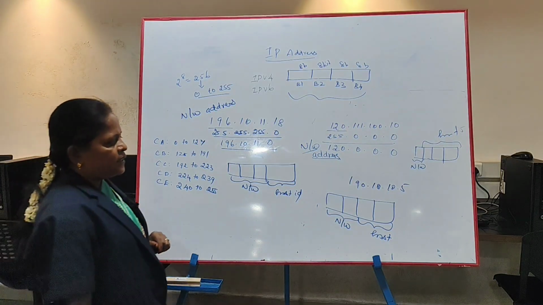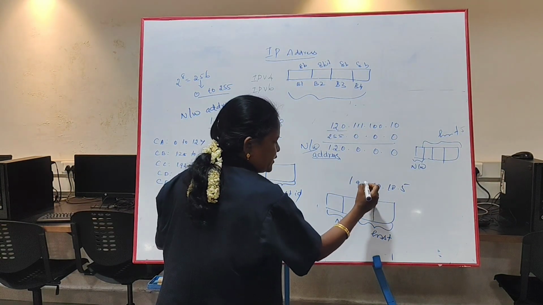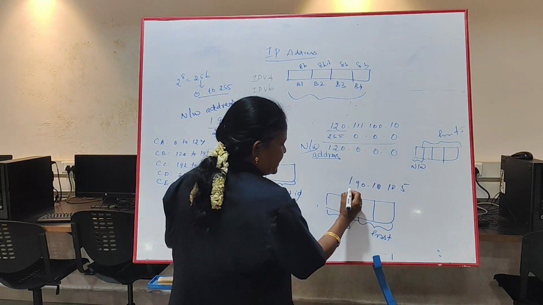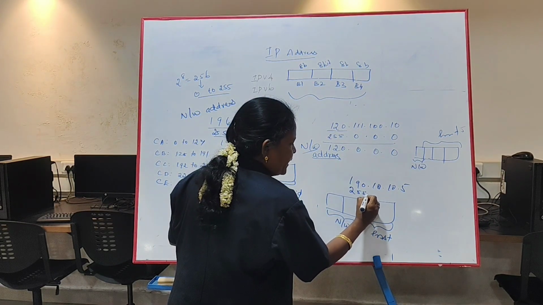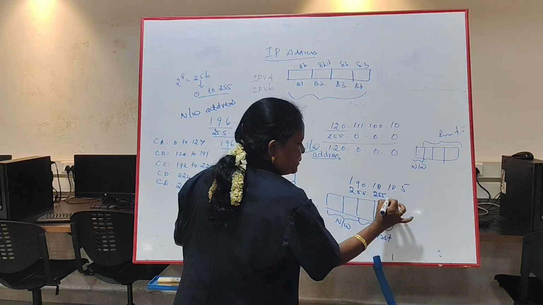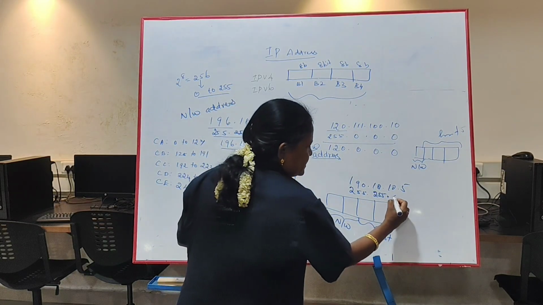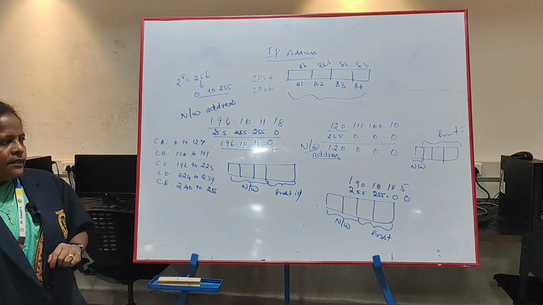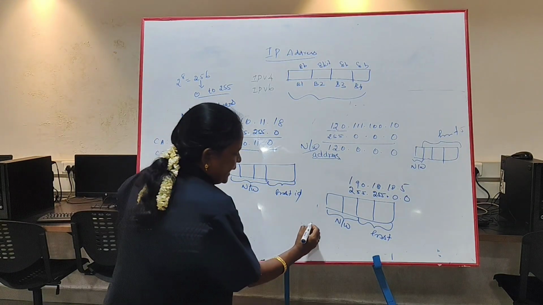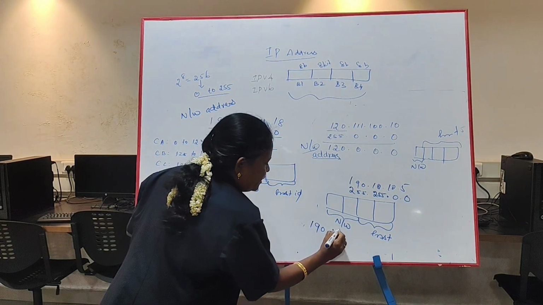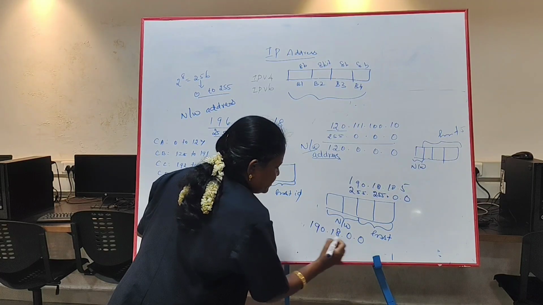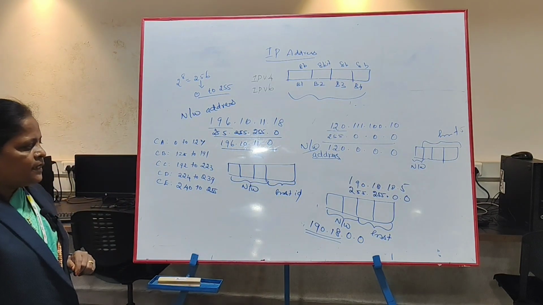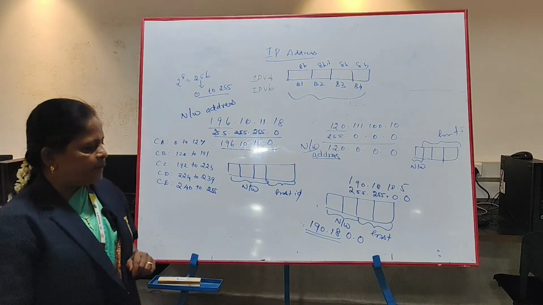So the first 2 bytes will be the network address, meaning the host ID part should be 0 by default, right? 255.255.0.0 is the default masking value for class B. Now you should apply the normal binary AND operation. Then you are going to get 190.18.0.0. This is the network address for the given IP.